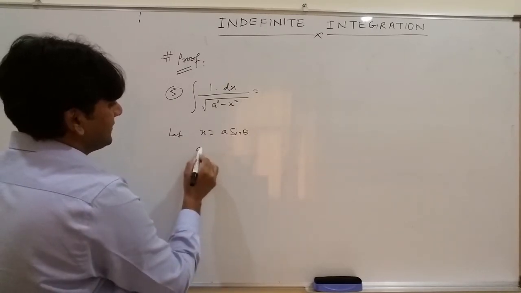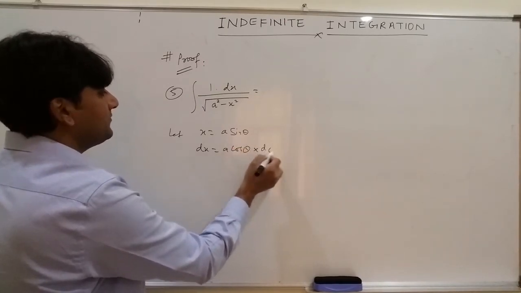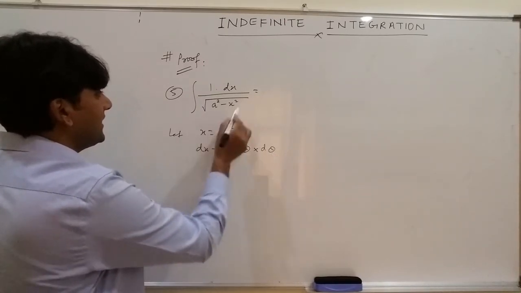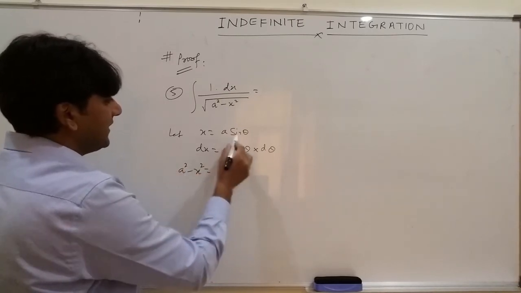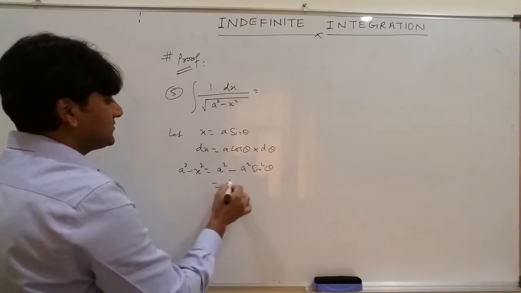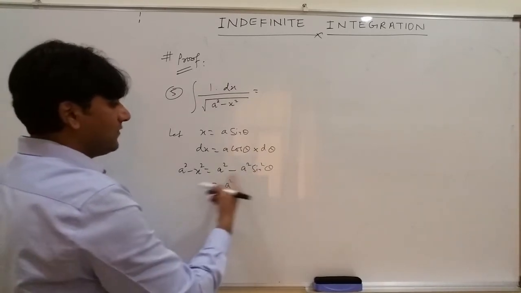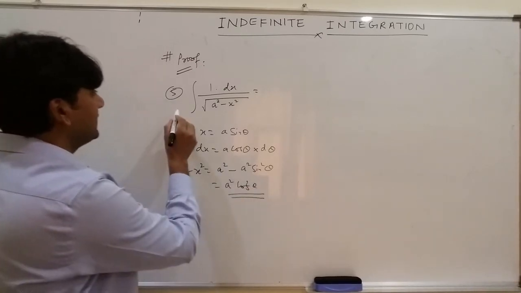It will work. Then dx is equal to a cos theta d theta, and the a square minus x square term would be a square minus a square sine square theta. Now a square we can take common. Now 1 minus sine square theta, which is cos square theta, we got.